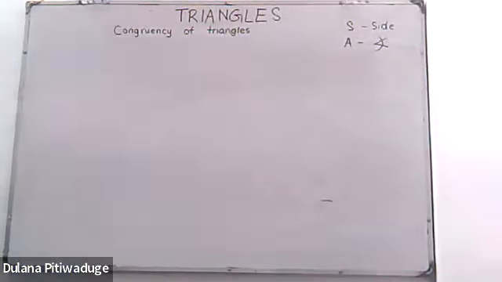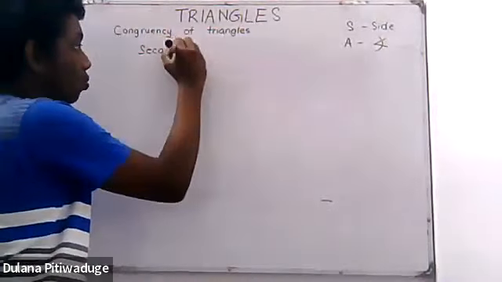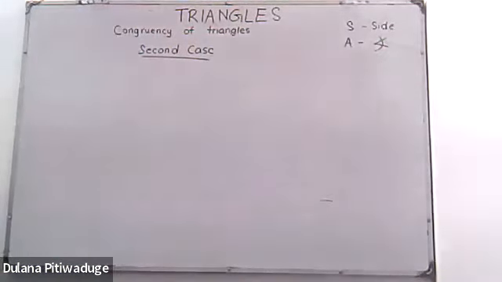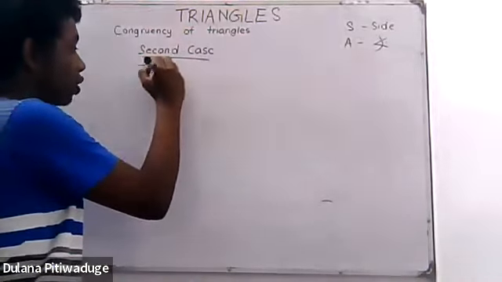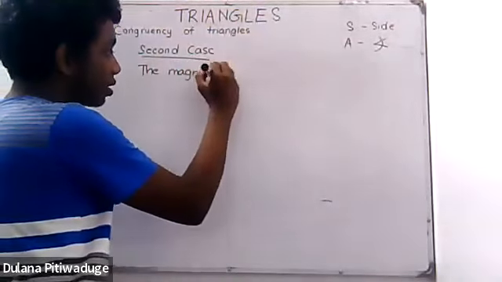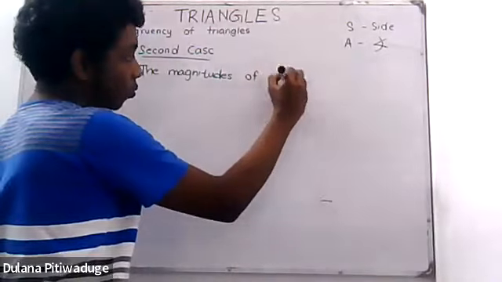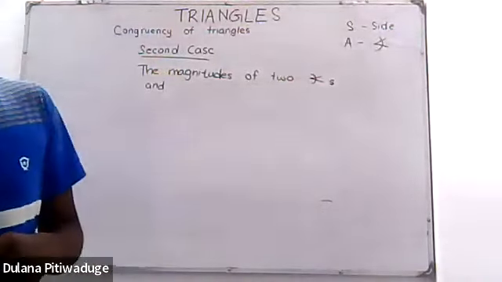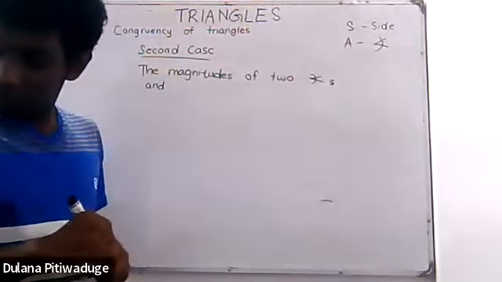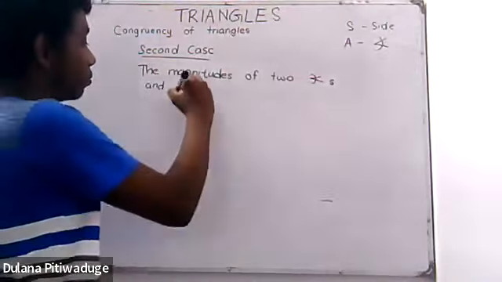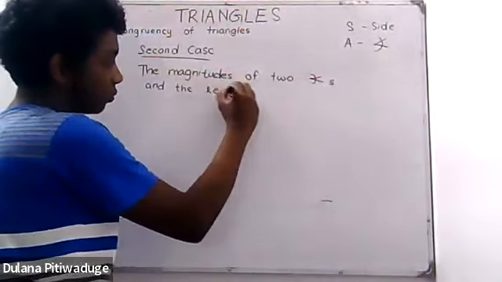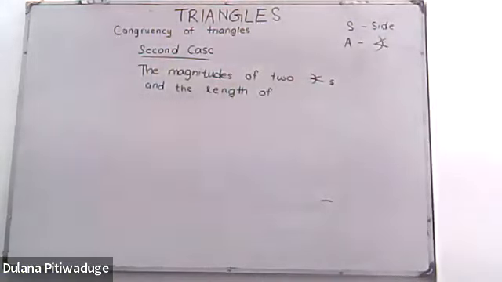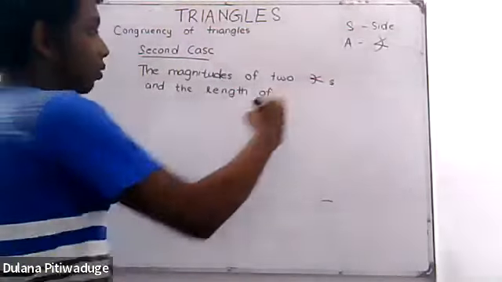If we consider case number 2, the second case is the magnitudes of two angles and the length of a side being equal.